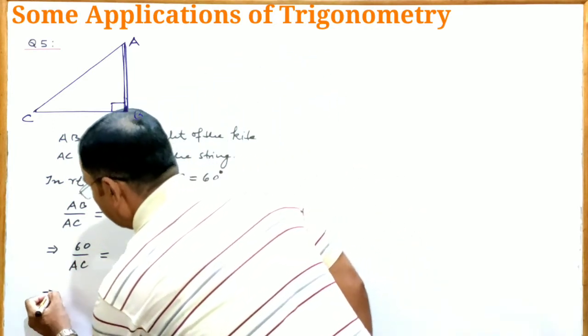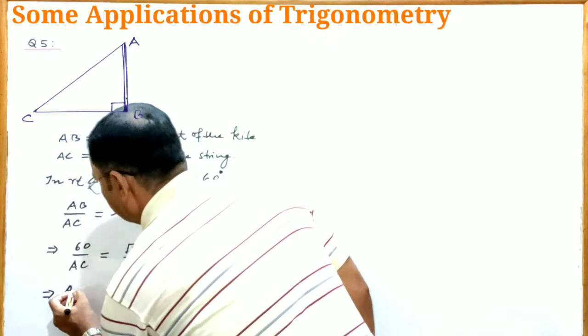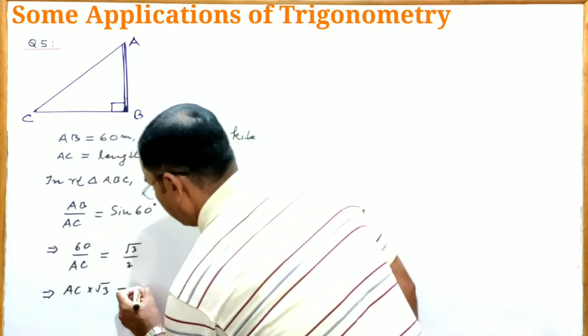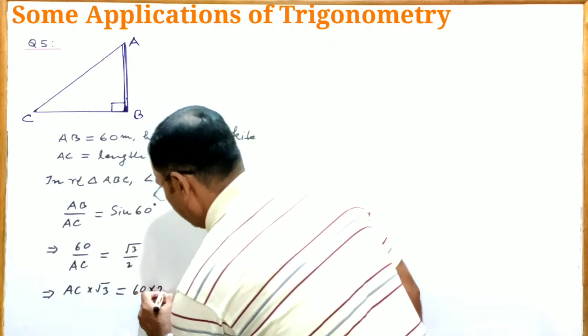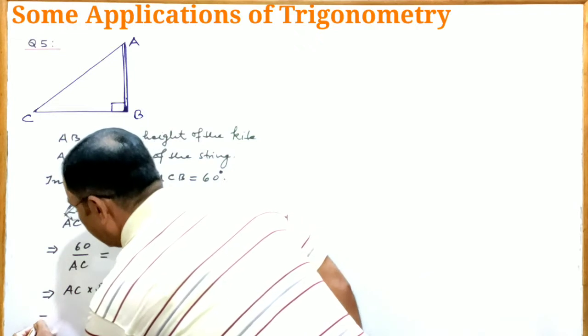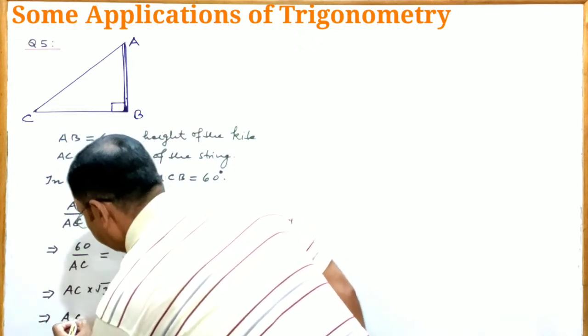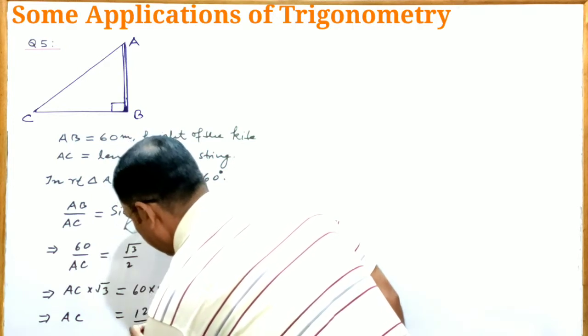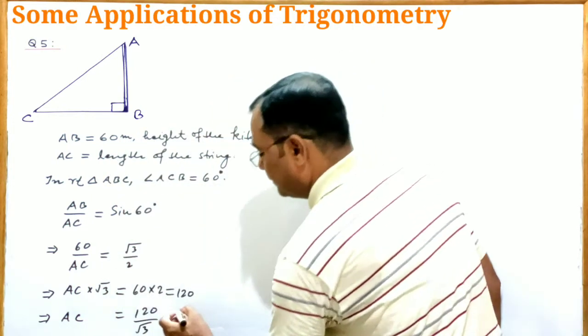Cross multiply. AC into root 3 is equal to 60 into 2, 120. So AC is equal to 120 divided by root 3.